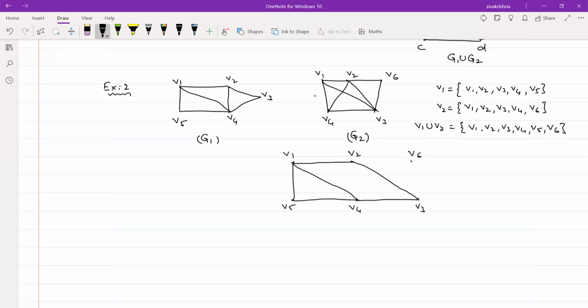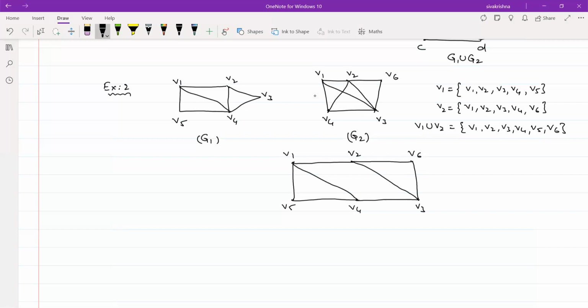Now coming to the second graph. From V1 to V2 we are having an edge, that was already represented. From V2 to V6 we are having an edge, so we represent V2 to V6. From V6 to V3 also we are having an edge, so we draw an edge between V6 and V3. From V3 to V4 and from V2 to V3, those were already represented.